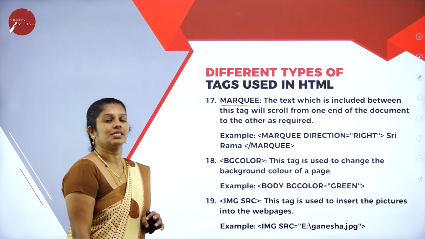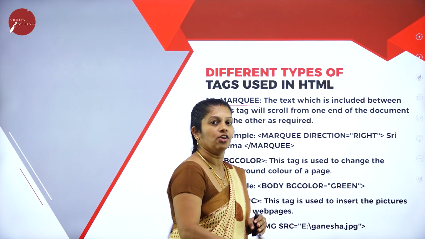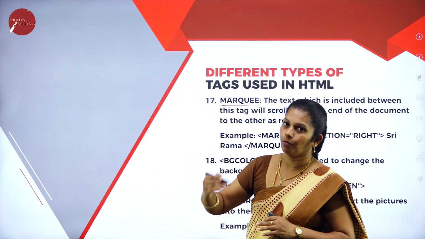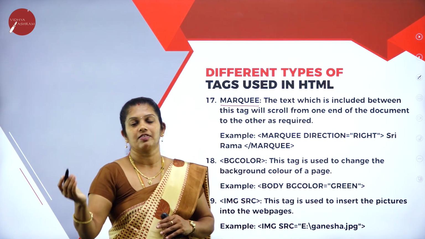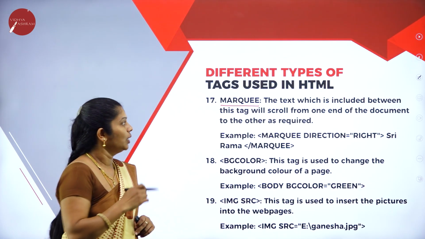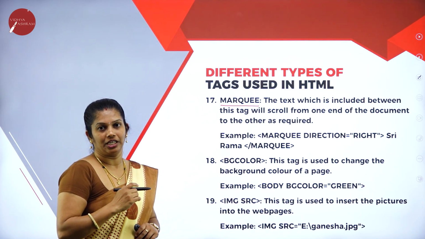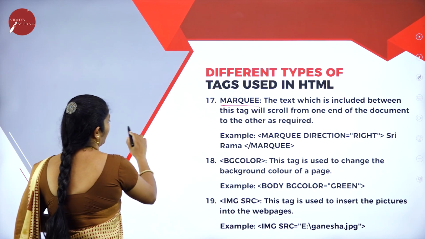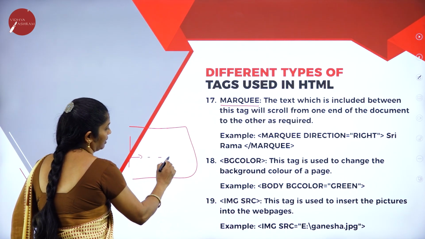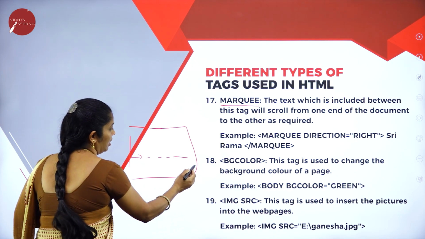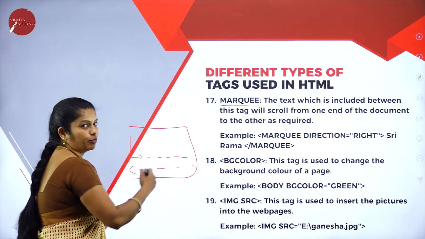Next, we'll move on to the next one, the Marquee tag. When you want to move some data or pictures, anything from top to bottom, or from bottom to top, or from right side to left side, or from left side to right side, that it is possible with the help of Marquee direction. Consider this your document. You want to move some data or some pictures from one place, from here to here you want to move, or from right side to left side, or from top to bottom.